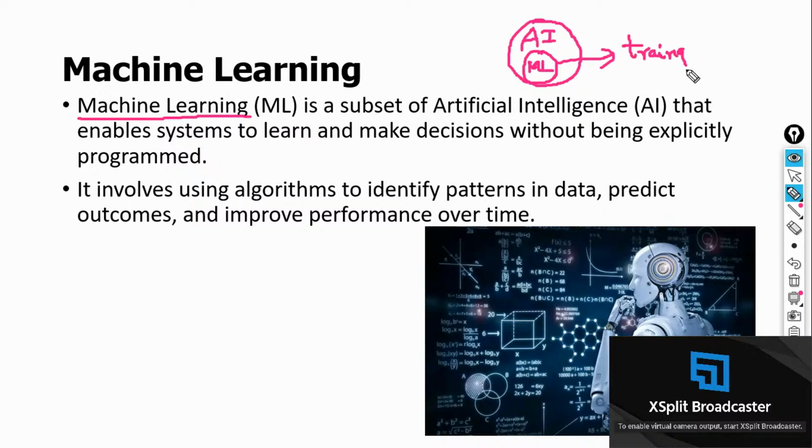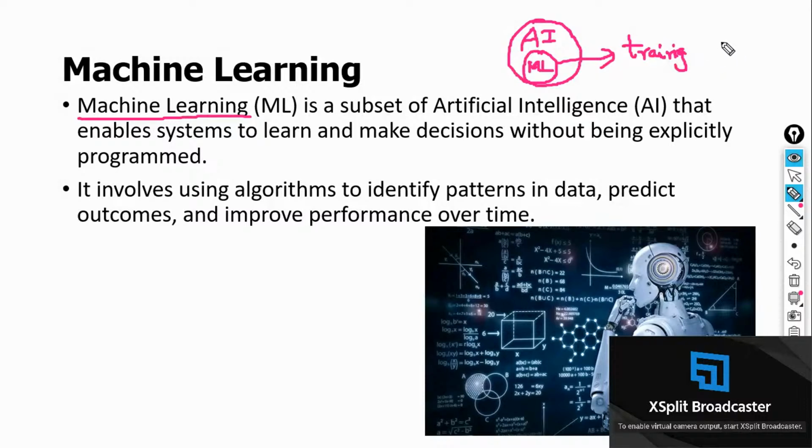This system starts understanding the data, and it gets trained and starts taking decisions. How it will be trained, everything we are going to understand.